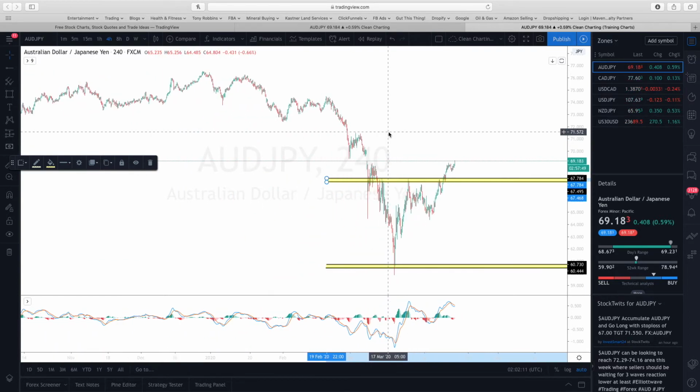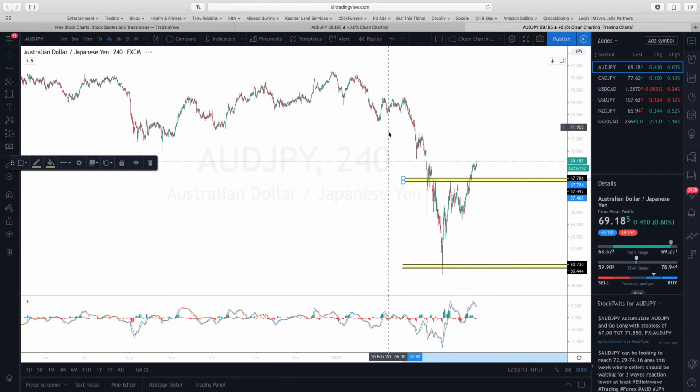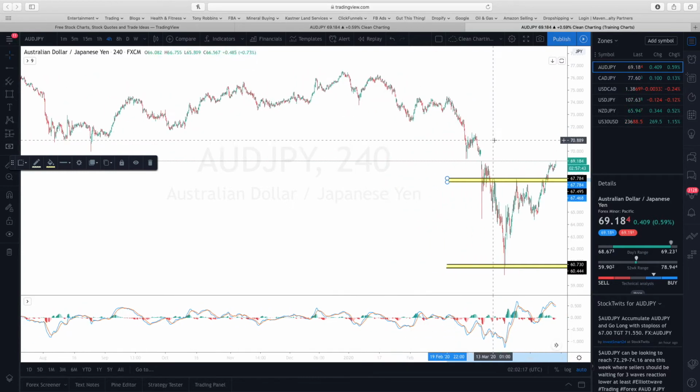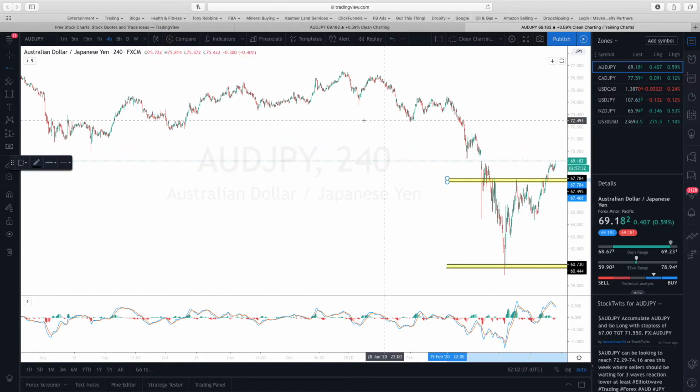So if we really wanted to, we could come up here and find our next zone in which we think price might move to. As we can see right here, we have some area where we had a hard push, pull up, reject. So I zoomed out, and I can see that where price rejected from here was a previous level of support.